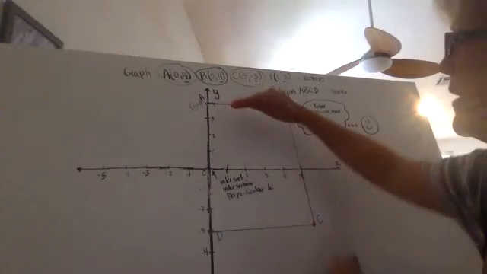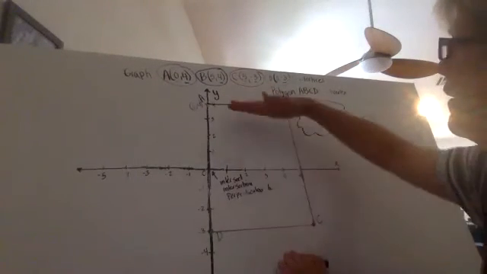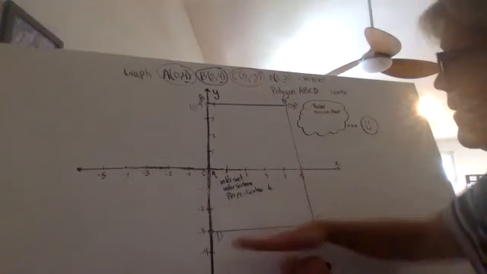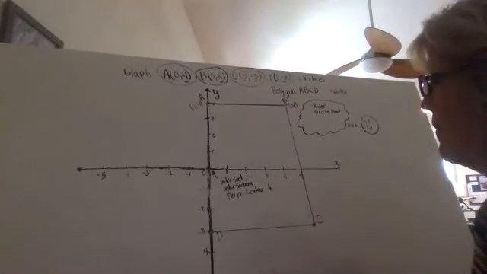So B is parallel to C because... A and B are parallel. The line segment AB is parallel to the line segment, and they're parallel because they have the same y coordinate.